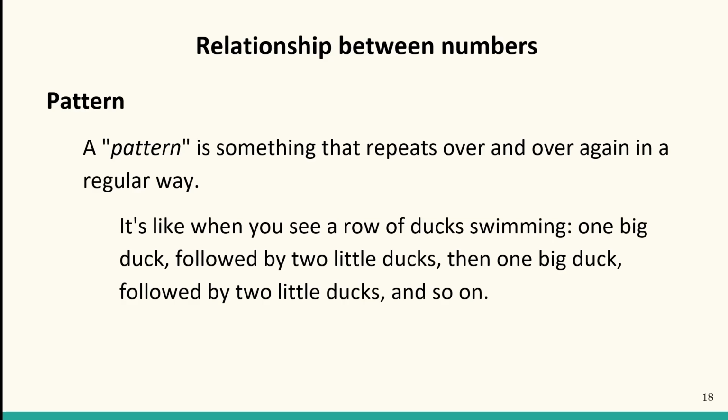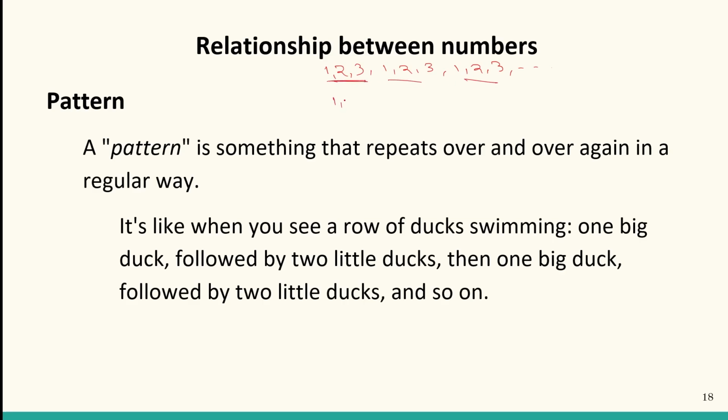You must be wondering about the difference between a sequence and a pattern. Let's say you have the sequence 1, 2, 3, then 1, 2, 3, 1, 2, 3, and so on. This is a sequence, but the sequence is only 1, 2, 3, because after that the pattern repeats itself. So 1, 2, 3 is a pattern.